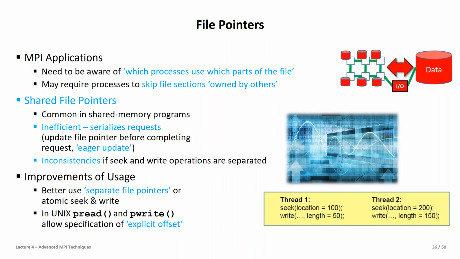Basically, you have some serialization of the requests usually, and then you have certain inconsistencies. Always think about the seek and the write of certain locations. So here we basically also think about better using different file pointers to enable these different seek and write operations.